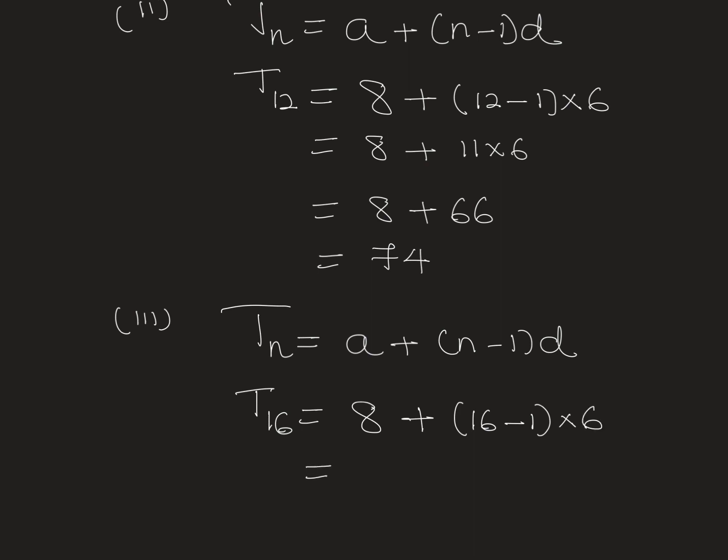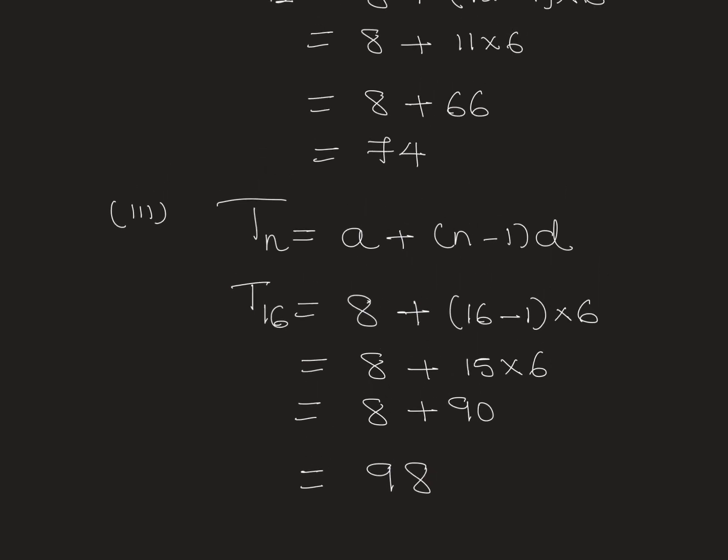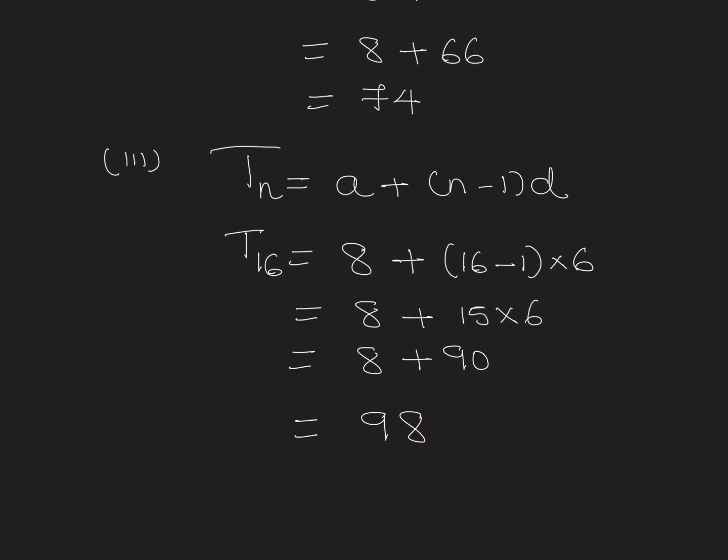So that will be 8 plus 15 times 6, and 15 times 6 is 90. So 8 plus 90 is 98. That is the 16th term of this sequence.